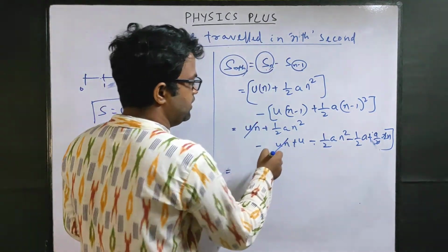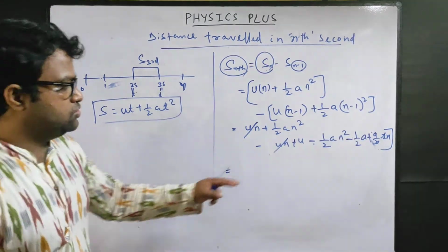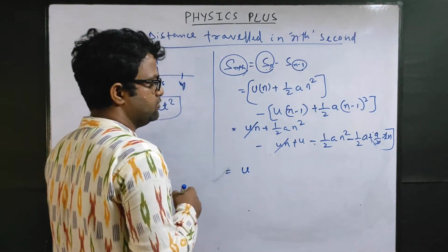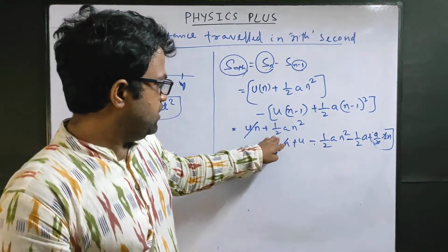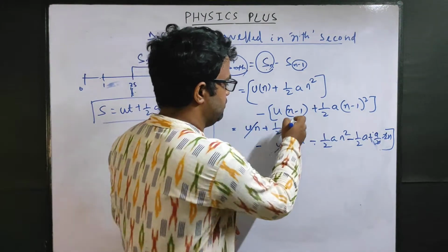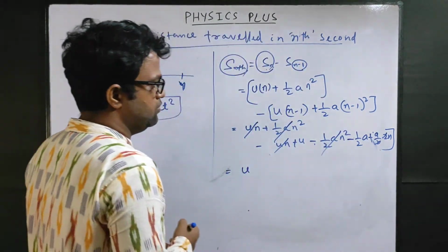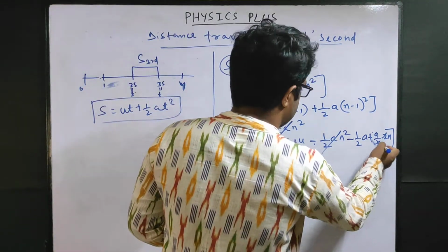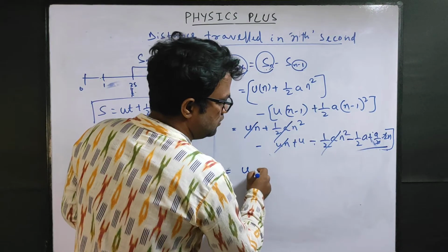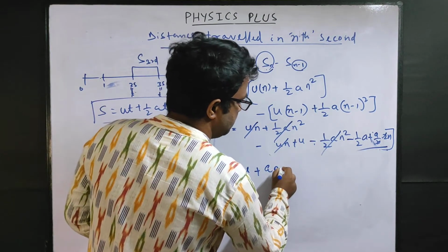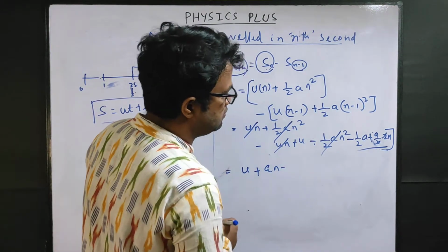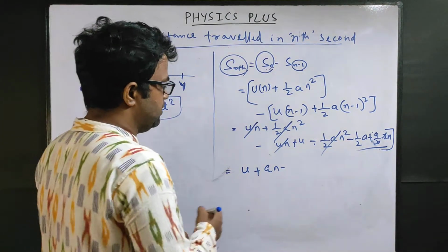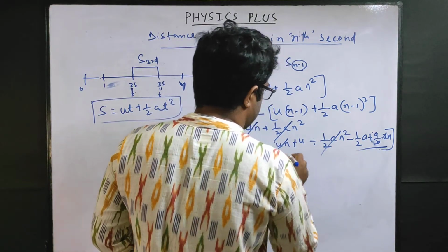So un and un will get cancelled, yes, so u will be there, plus u, so u I will write. And what else is here, half a n square minus half a n square, also we can cut out. So what else is there, this will be left out, that is plus a n minus half a n minus half a.